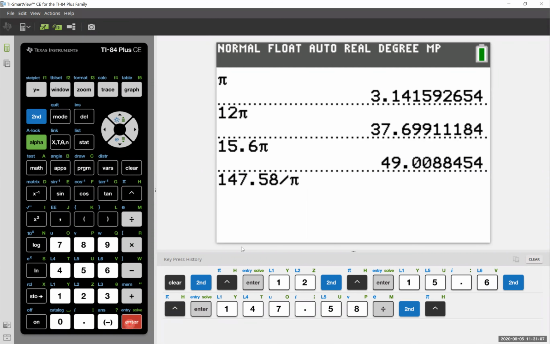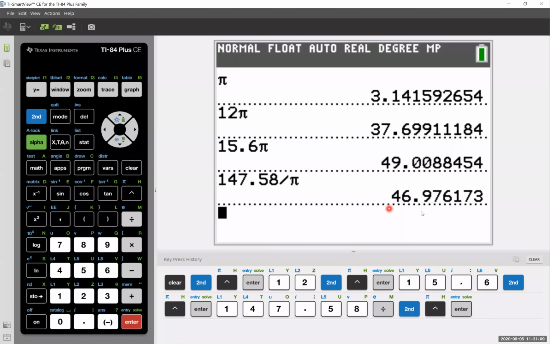And then hit enter. We get 46.976173. We are told to round the answer to the nearest hundredth. This is 2 decimal places. The digit to the right is 5 or greater, so I'm going to round this thing up. So my final answer for this is going to be 46.98 meters.